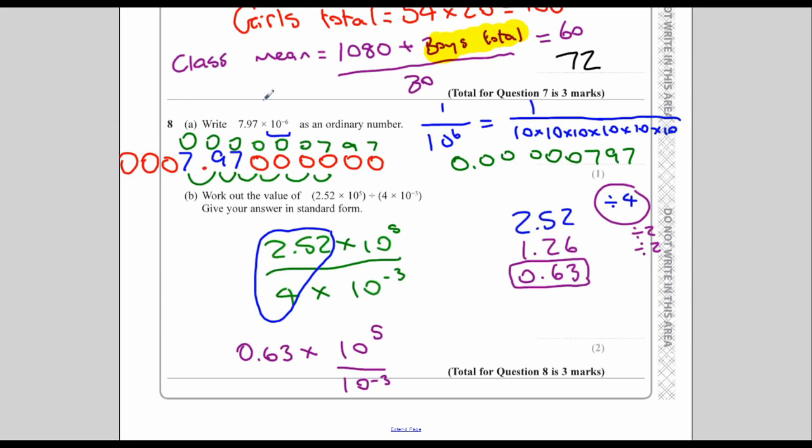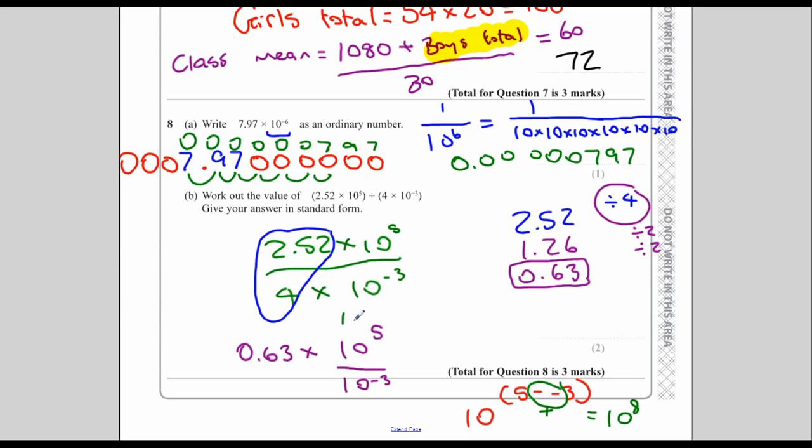Now your power laws say if you're dividing, you can take away the powers. So it's 10 to the 5 minus minus 3. A minus and a minus together make a plus. So it's 10 to the 8.